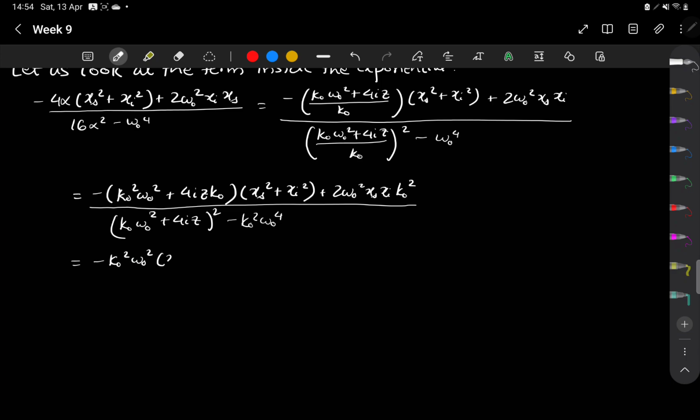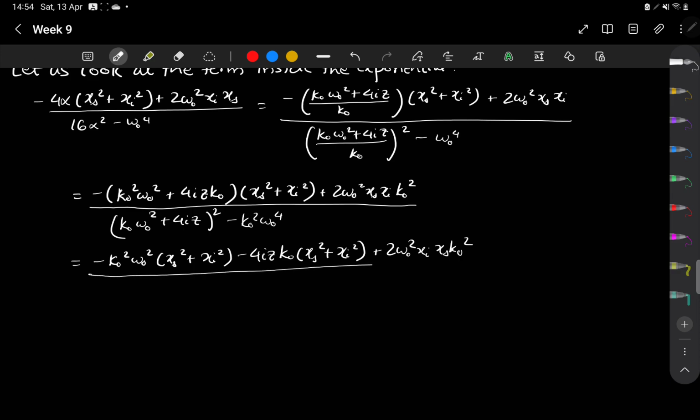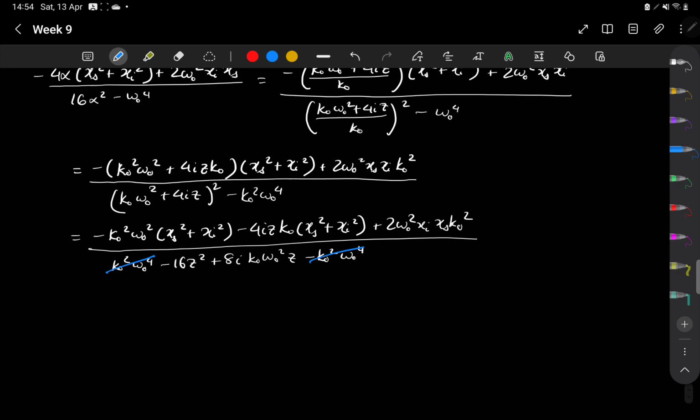Now opening up the brackets. Now this term cancels out with this in the denominator.